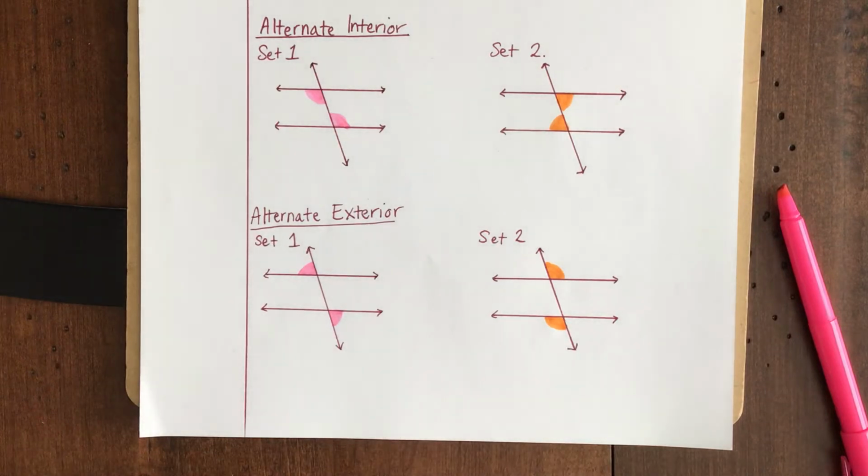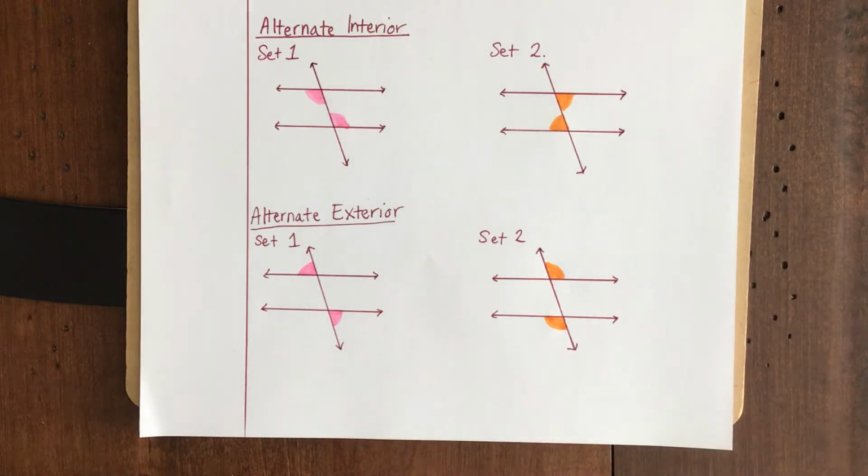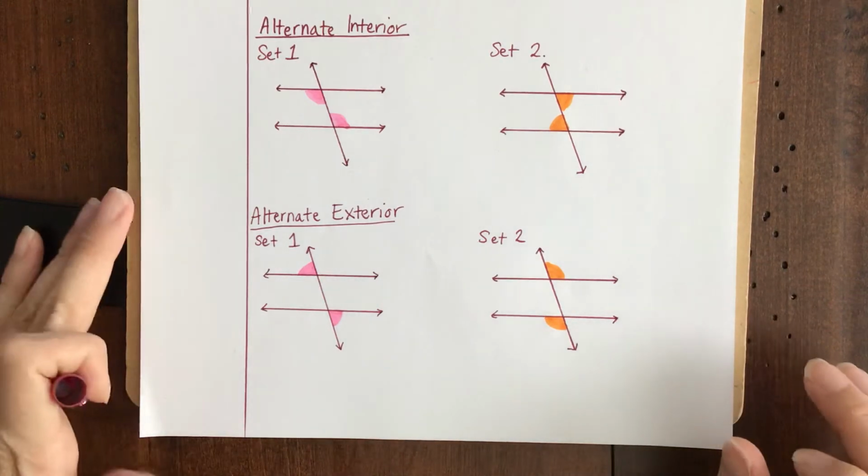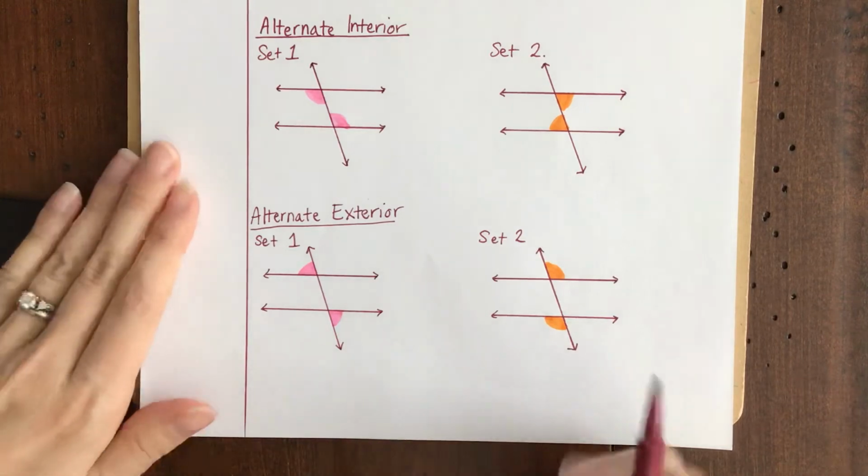The thing that you need to remember, and we'll make a note of it, is that it doesn't matter whether it's interior or exterior angles that we're talking about. They are always congruent.